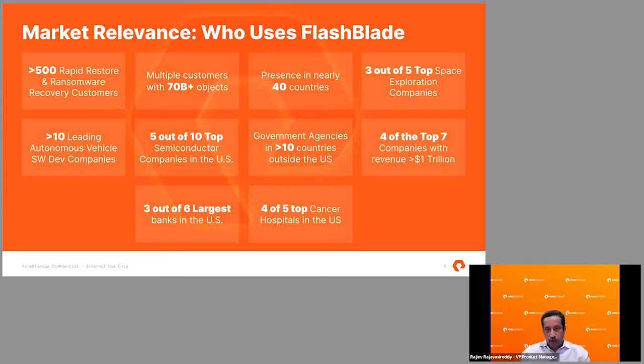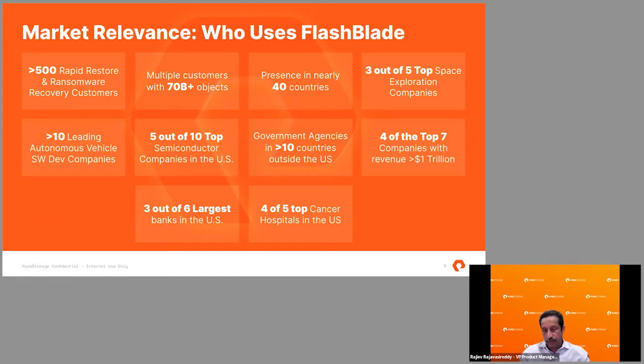Yeah, and there's one box I'd like to point out, the second box from the top on the right: the 70 billion plus objects. We talked about scale. We actually have software development companies with relatively small FlashBlade systems running 70 billion plus objects without sacrificing any performance.